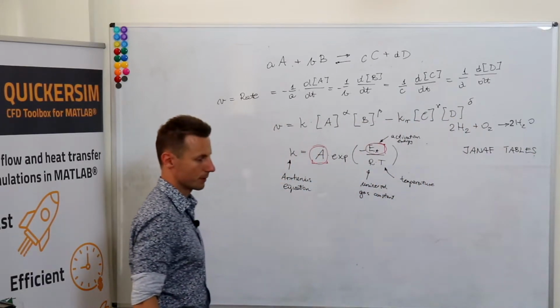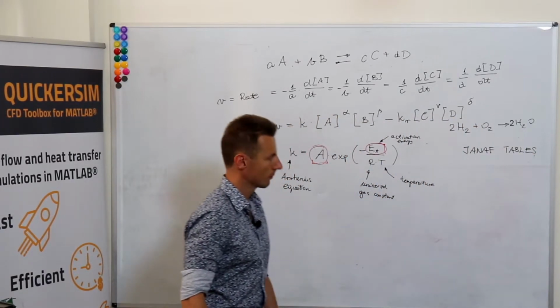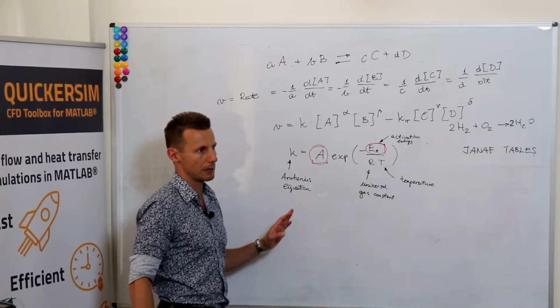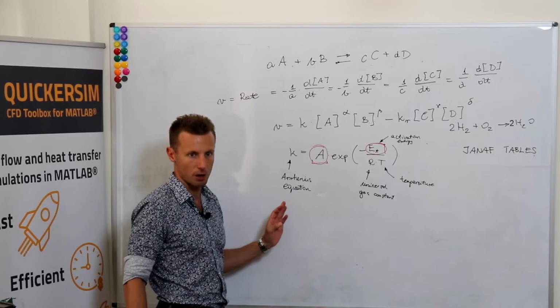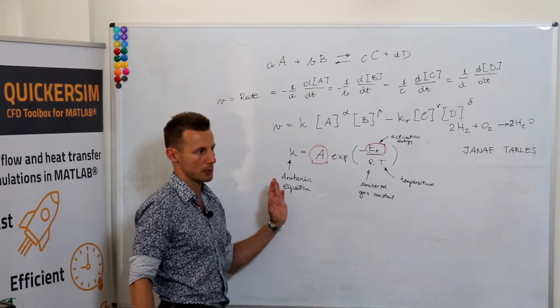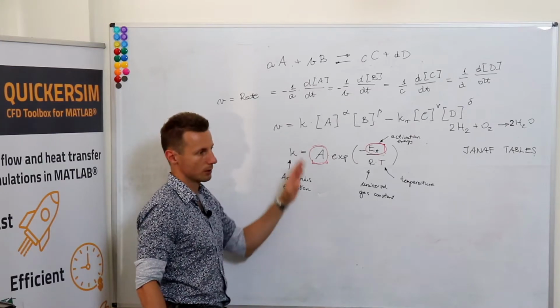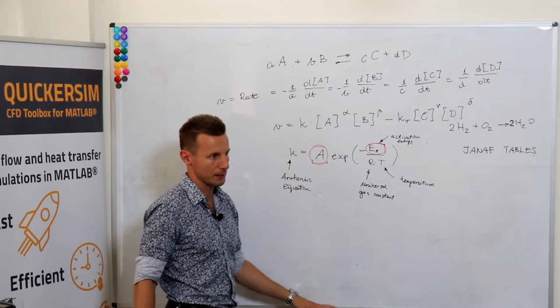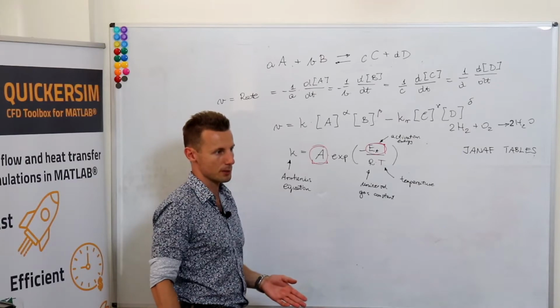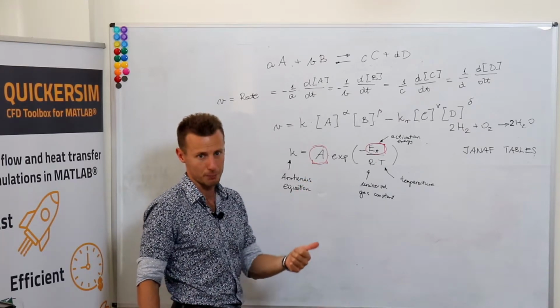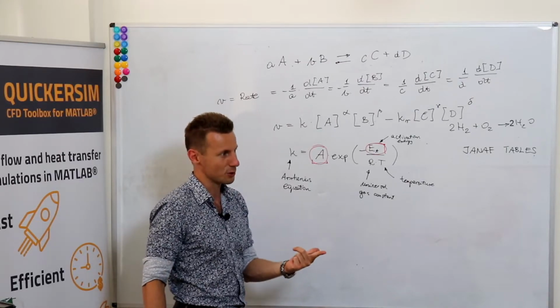Let me rephrase. You actually don't change anything in the modeling of the flow. If you're modeling the flow with, let's say, Navier-Stokes equations, well, okay, during our course, we covered mainly the incompressible Navier-Stokes. If you're dealing with chemical reactions, this means that probably temperature changes, so density changes.